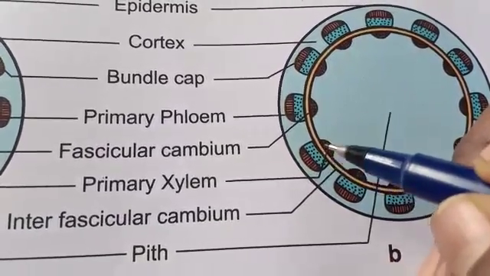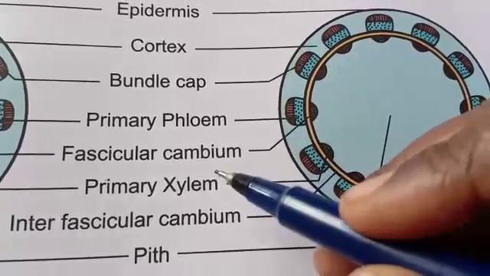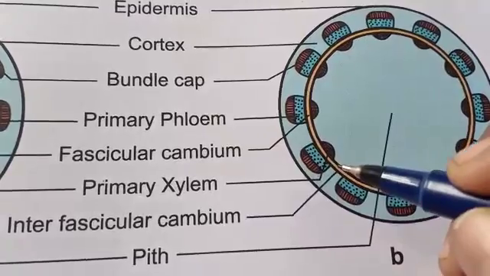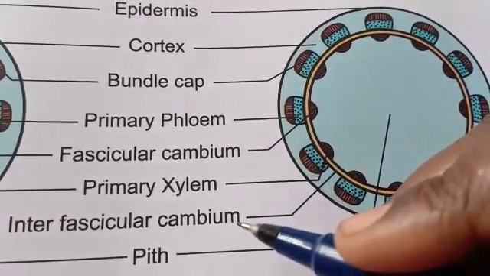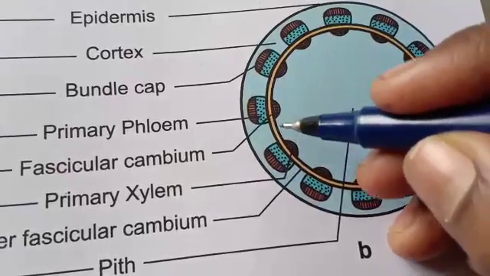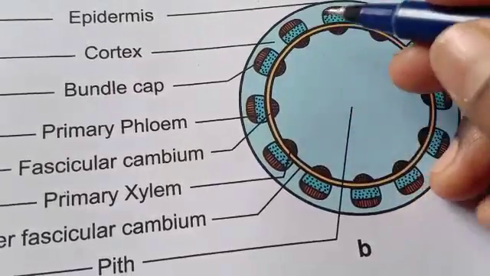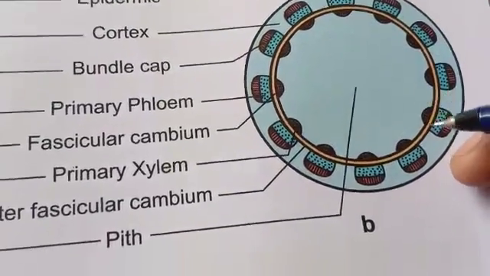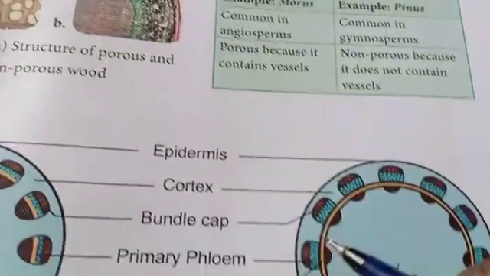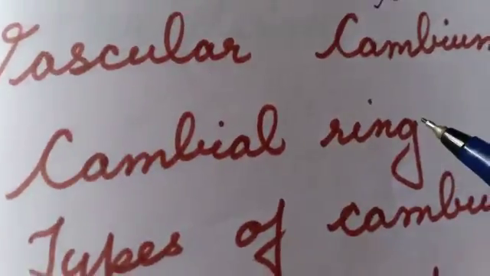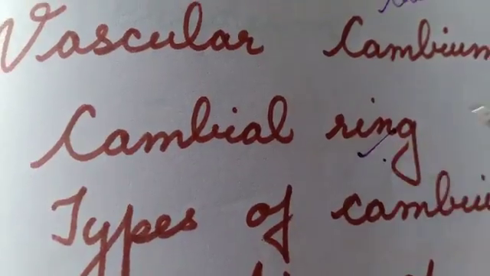So the cambium present inside the vascular bundle is called fascicular cambium. The one in the gap between the two is called interfascicular. Now the fascicular cambium and the interfascicular cambium both join continuously to form a ring, which we call the cambial ring. Now do you know how the cambial ring is formed?